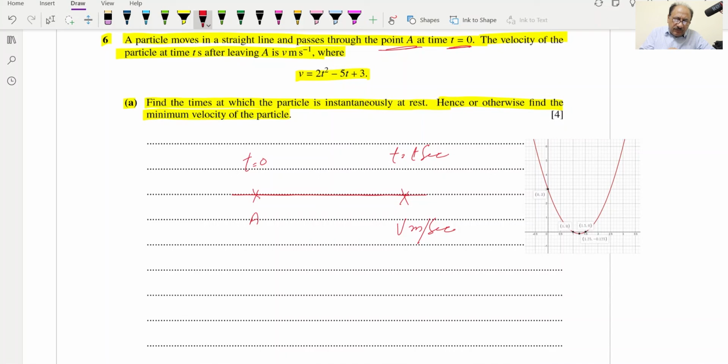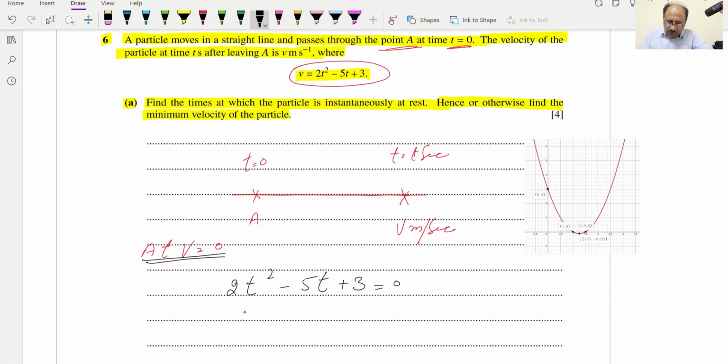So at v equal to 0, what will be the t value if we replace v equal to 0 over here? We will get 2t squared minus 5t plus 3. This will be momentarily at rest, which means v will be 0, so that's why we are taking this as 0.